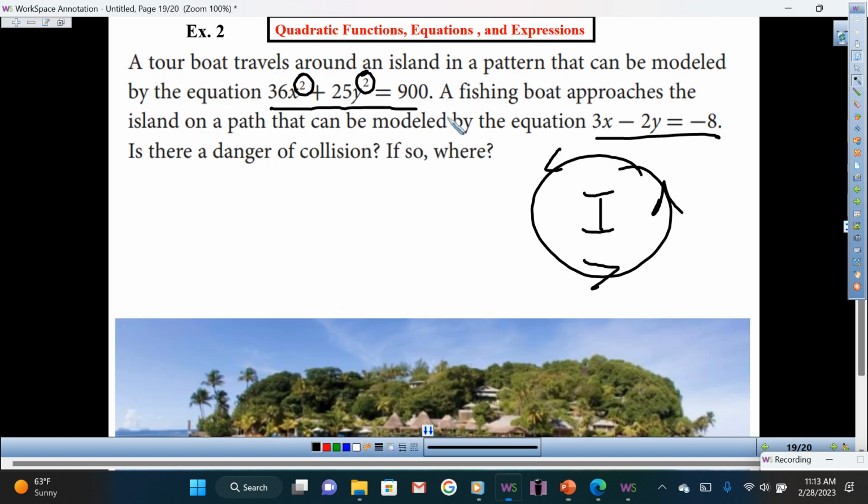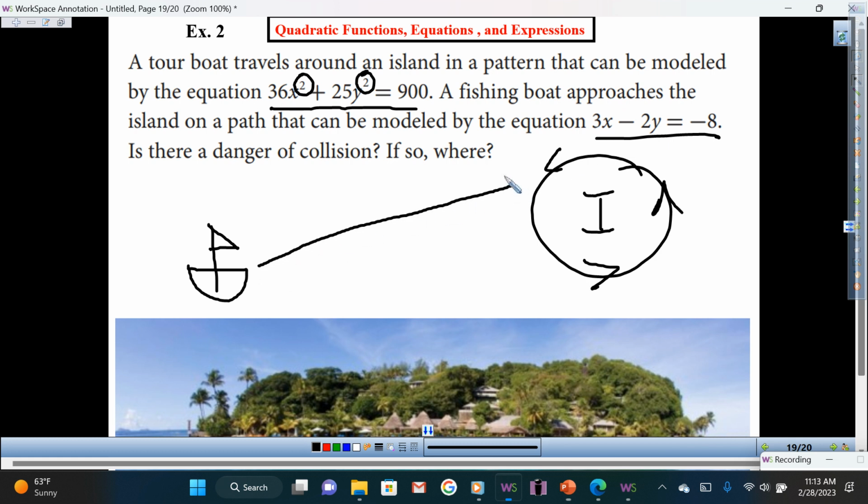And then it says, here's a tour boat going around the island, and it says that a sailboat, here's my sailboat, look at my art, it's coming, and they're asking, will the sailboat be in danger of collision with the tour boat? So what it's saying is, is it going to intersect that circle at any point, or is it going to miss it? How do we know?